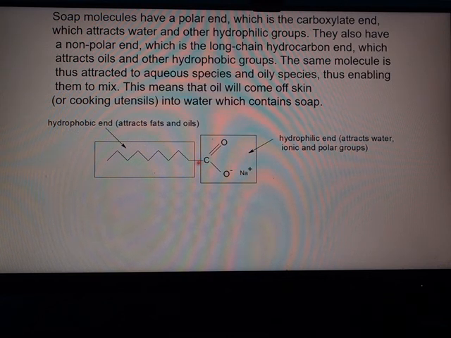Soap works because it has a long tail that is hydrophobic, that doesn't like water, and a hydrophilic end. That end dissolves in water, and the tail will help dissolve things that are not soluble in water.